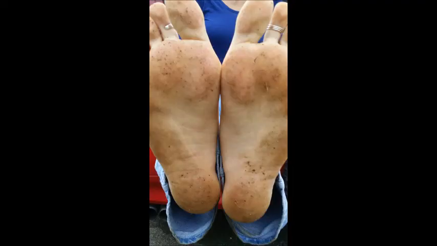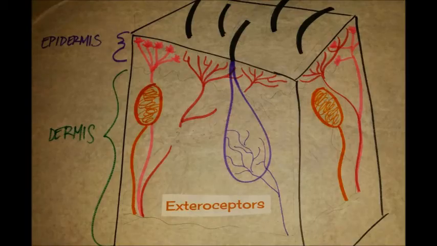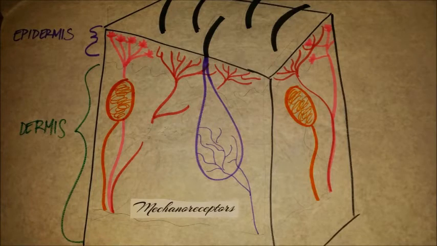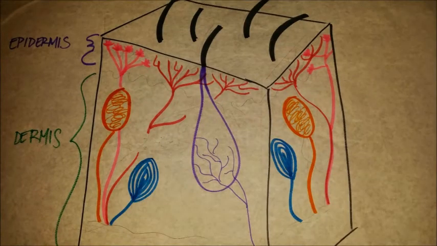Then we have the hair follicle receptors, which makes sense since they are on the outside, that they are also mechanoreceptors and exteroceptors.